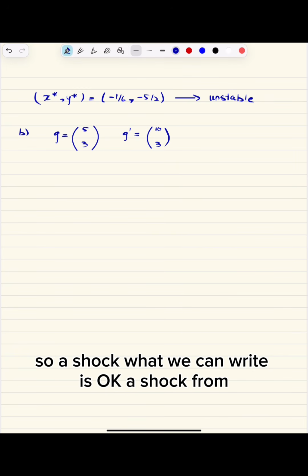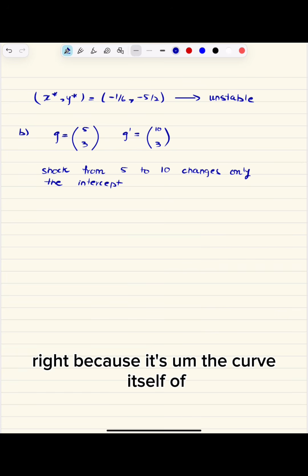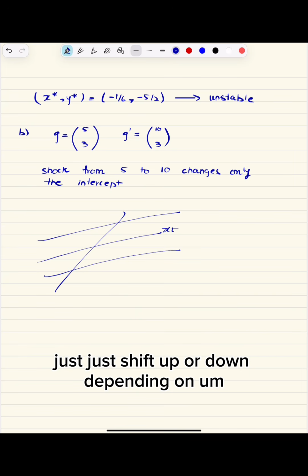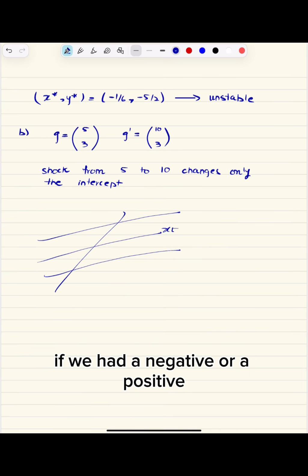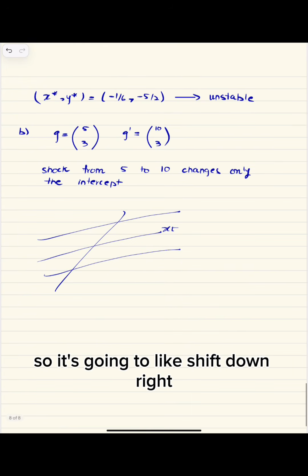Yeah, it's not. So what we can write is a shock from 5 to 10 changes only the intercept, right? Because the curve itself of xt could just shift up or down depending on whether we had a negative or a positive sign. And actually we had a negative sign, so it's going to shift down, right?